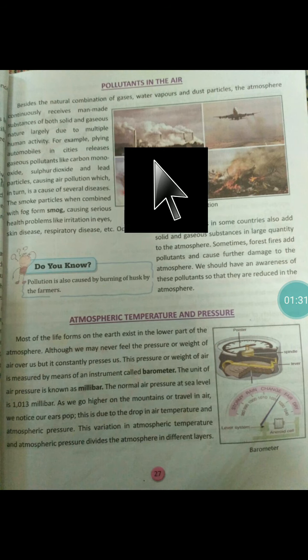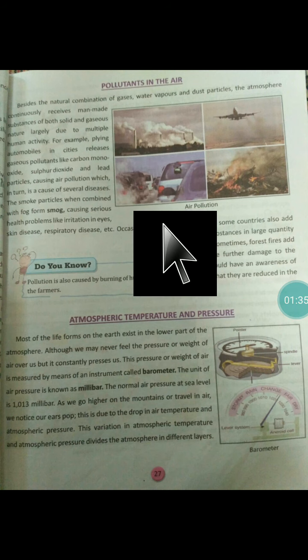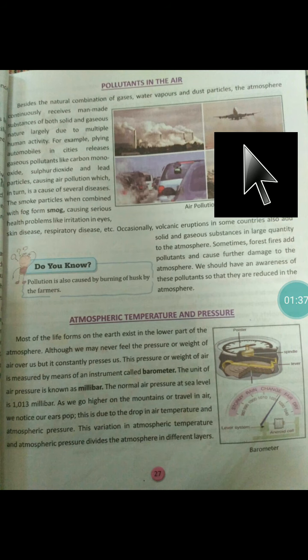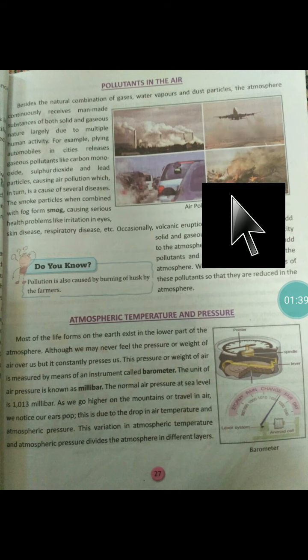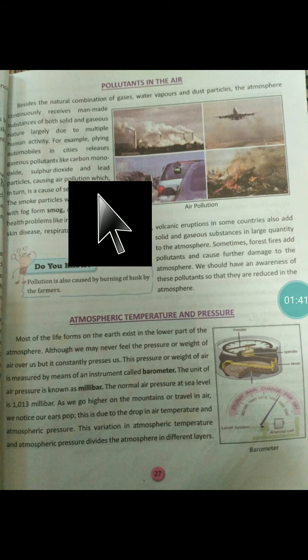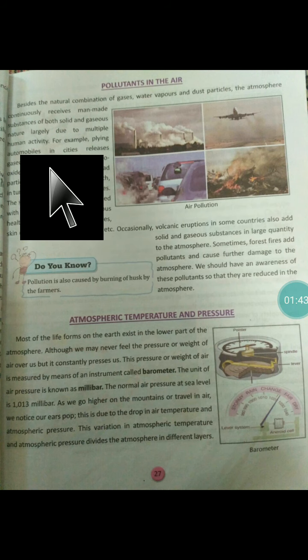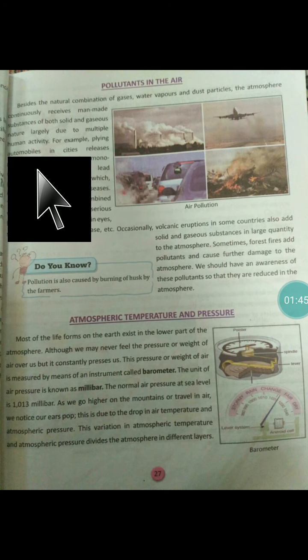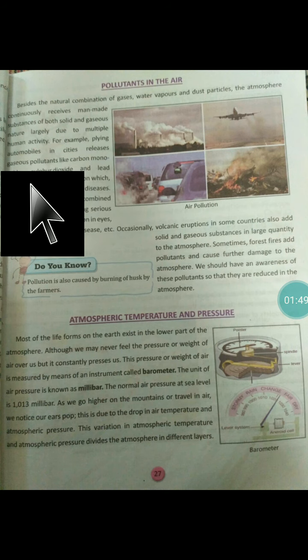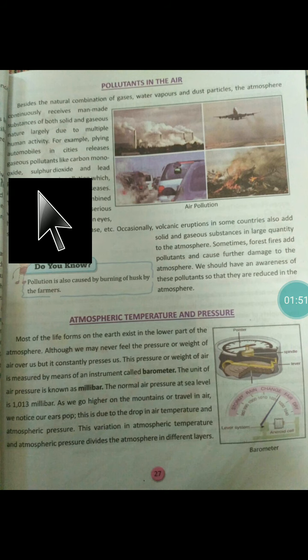Look at the picture. Also look at this industrial emission of smoke, vehicle emissions, flight emissions, and burning ashes and wood. All these create problems for the environment. For example, plying automobiles in cities releases gaseous pollutants like carbon monoxide.